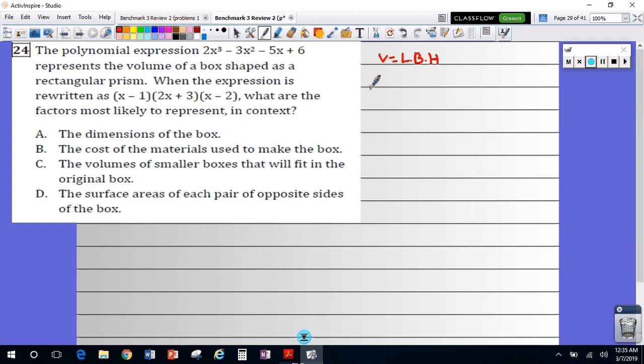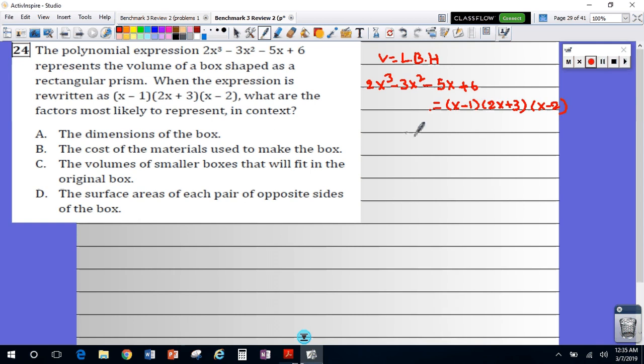Okay, now this one, what he has given you here, 2x cube minus 3x square minus 5x plus 6, which is equal to x minus 1, 2x plus 3 and x minus 2.